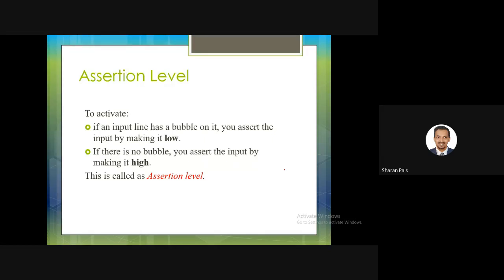In some ICs, there will be some bubbles in the diagram. Till now, you haven't seen this. Whenever you have an IC, it has some pins, and they will mark some pins with bubbles. If this is the IC, this is pin number 1, pin number 2, pin number 3, pin number 4.